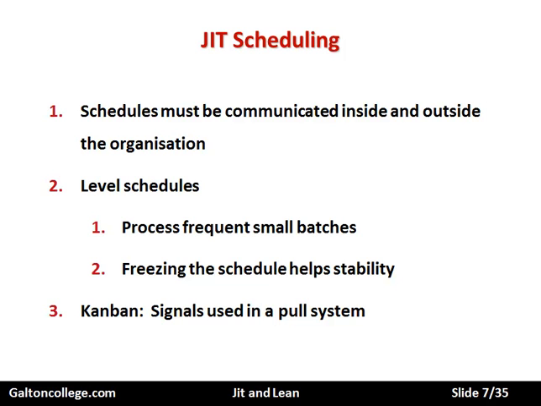We can contrast that with a push system in which managers, for example, may decide on simply making products and holding them in the stores in anticipation of future demand. Let's say the company was subject to quite considerable seasonal variations in demand.